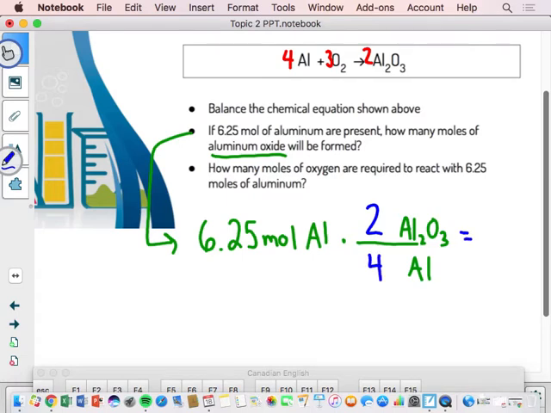Then we just calculate. So we go 6.25 times 2 divided by 4. Did you already do it? No? Okay. They're sitting there like, yeah, I know. So if we calculate that, 6.25 multiplied by 2 divided by 4, I get 3.125.